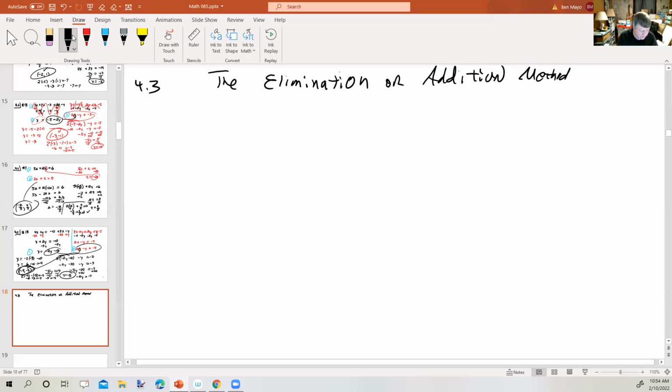What I want to do, first of all, is to justify the steps I'm going to do. And that is to say, let's say I have an equation, 2x plus y equals 7. It says 2x plus y equals 7. So that means that 2x plus y and 7 are equal quantities.